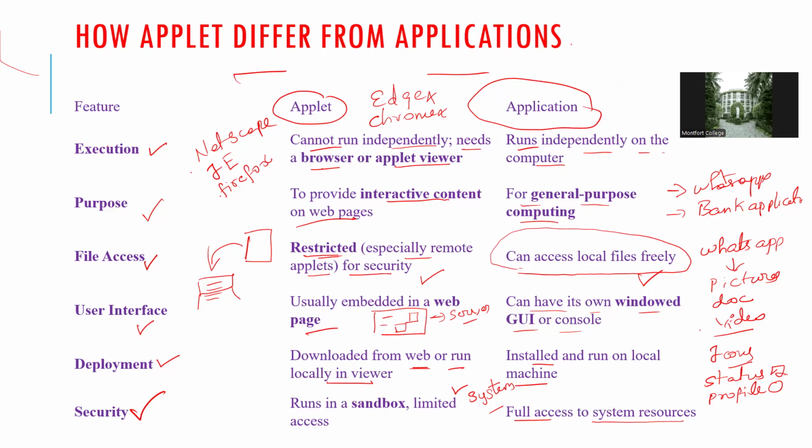Allow will be there, and on one side, don't allow. If you allow, then you are giving mutual consent to the system. Okay. Also, this is all about how applets differ from applications.